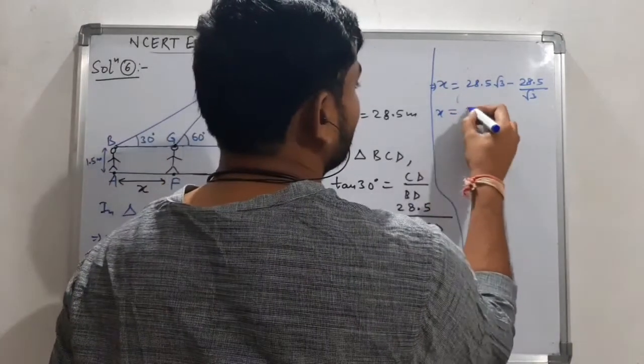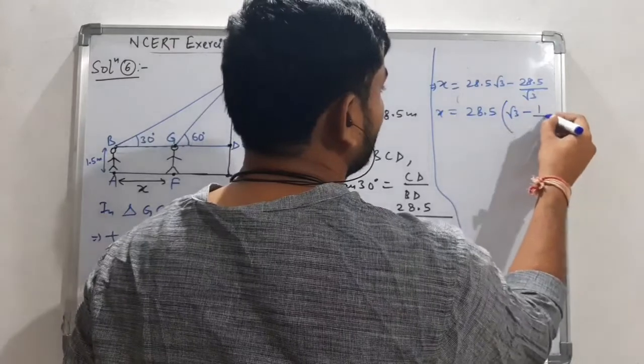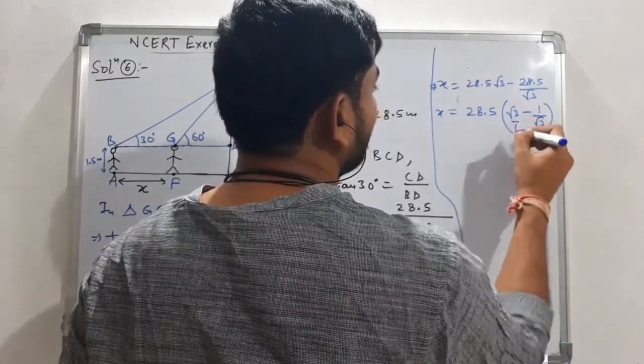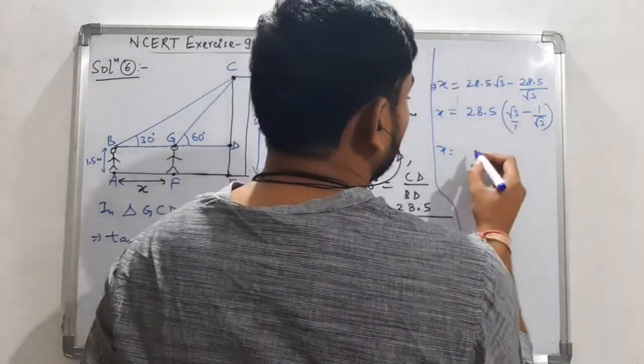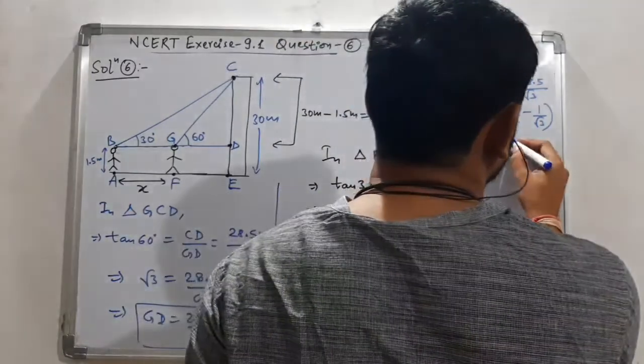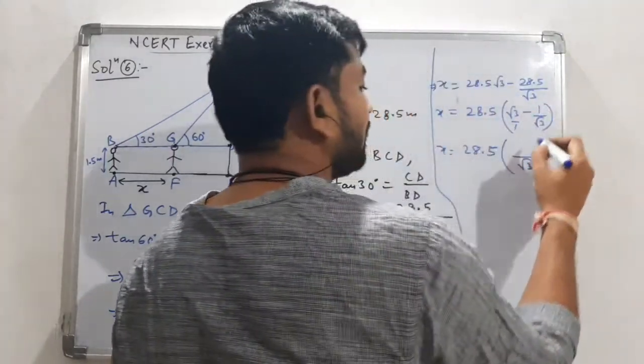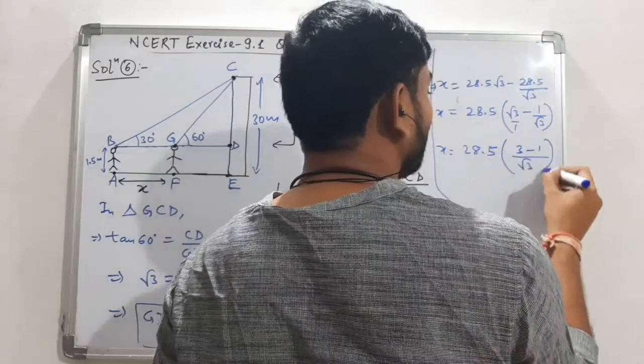So the value of X is, if we take 28.5 common here, this will be root 3 minus 1 upon root 3. If we simplify this, we will be getting this value. The LCM will be root 3, and here root 3 square minus 1, so this will be 3 minus 1.